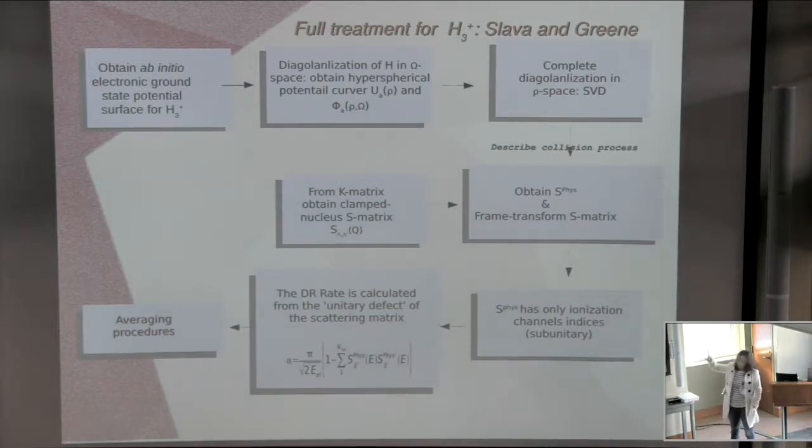But to say, it uses ab initio quantum effects for H2+ that were not calculated by us, and you use hyperspherical coordinates to describe the system, and the slow variable discretization to do a complete diagonalization of the Hamiltonian, using the ingredients of MQDT for the closed channel elimination procedure to obtain the physical scattering matrix, and the frame transformation to take the scattering matrix from the clamped nuclei configuration to the asymptotic channels where the molecule can vibrate and rotate.